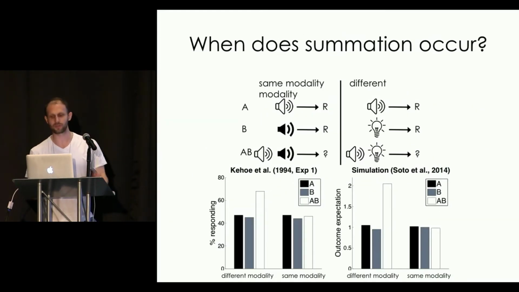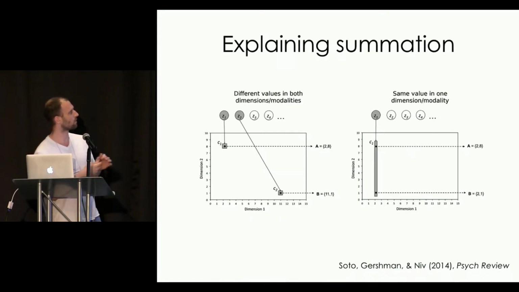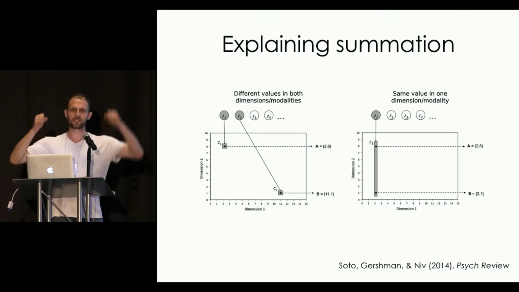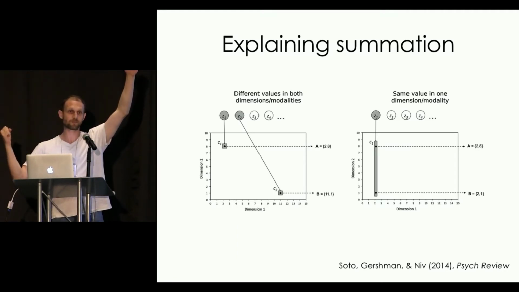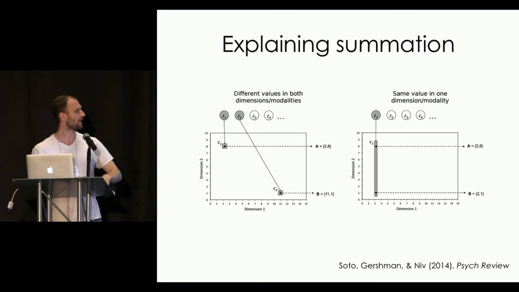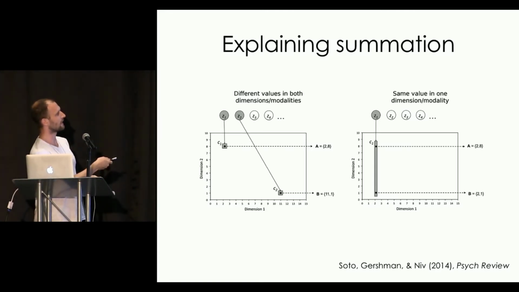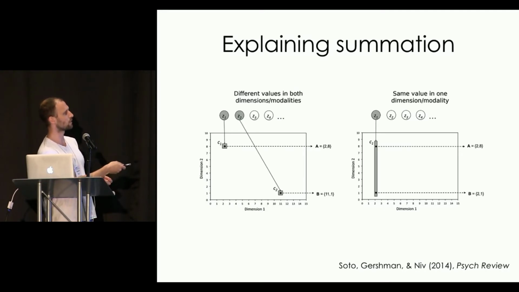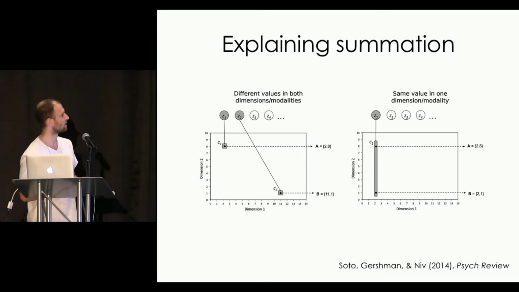So first, let me just show you that the model can capture this modality effect, where you get summation when the stimuli are from different modalities, but not when they're from the same modality. The way to explain this computationally is that when you're in different modalities, the stimuli are spread out in space, and it's very unlikely that these two stimuli were generated from a single latent cause, which would require it to specify a consequential region that basically covered this entire rectangle.